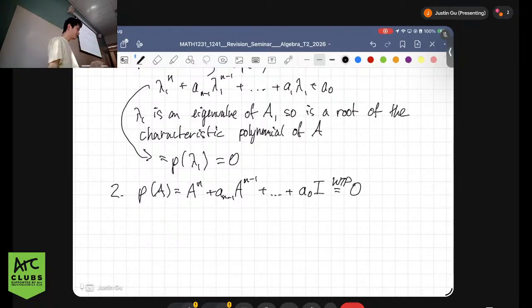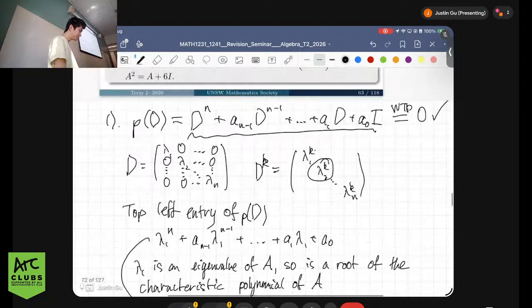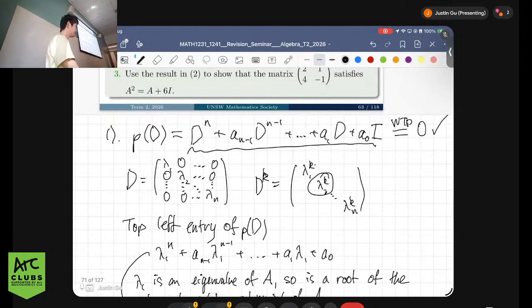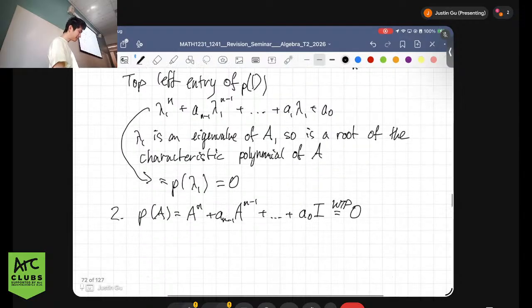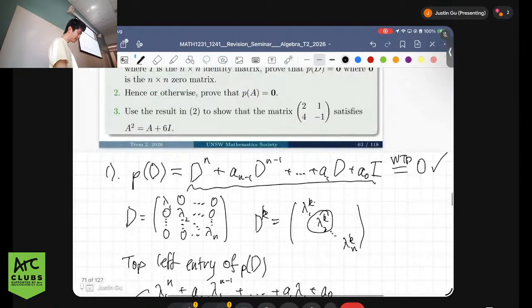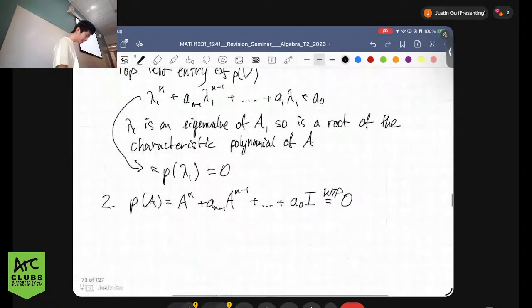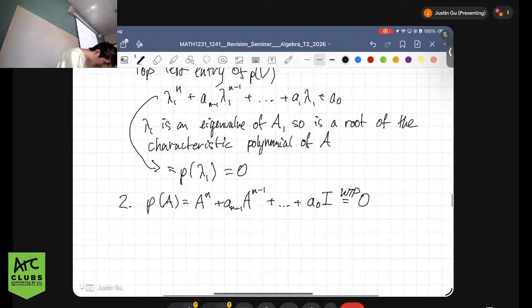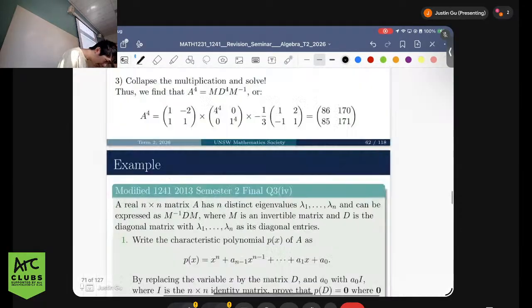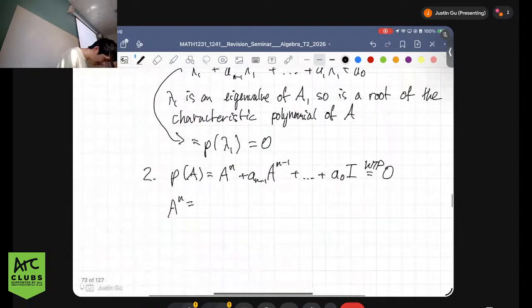Okay, so first of all, let's notice that this is very similar to what we proved before. So in some sense, we want to relate this to this. How can we get from one to the other? Well, we can notice that no matter what n is, A to the n will always be M inverse D to the n M. Okay, they've switched the order of the inverses around.